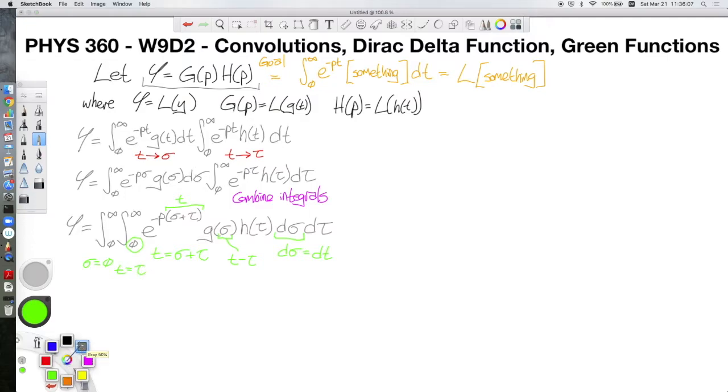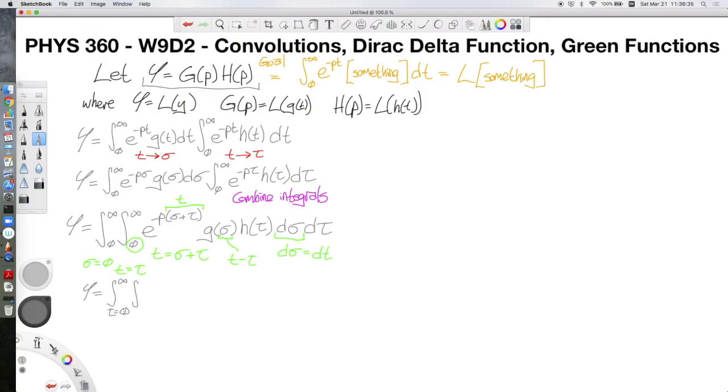So I'm now going to rewrite this whole integral here. We still have the integral from 0 to infinity for the outer integral, the tau integral. But for the inner integral, let's be really explicit here. Since this is the tau integral, this is the integral from tau equals 0 to tau equals infinity.